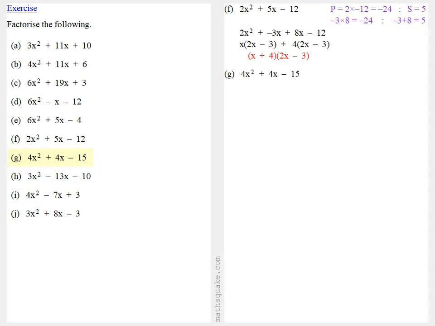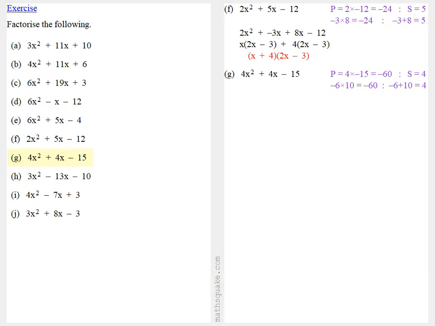In question G, the equation is 4x squared plus 4x minus 15. So the product is 4 times minus 15, which is minus 60, and S is equal to 4. So we want two numbers that multiply to make minus 60, add to make 4, and they are minus 6 and 10. Minus 6 times 10 is minus 60.